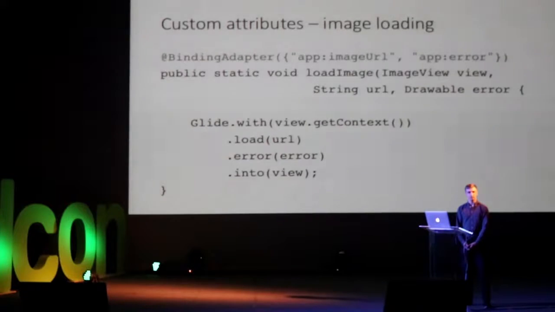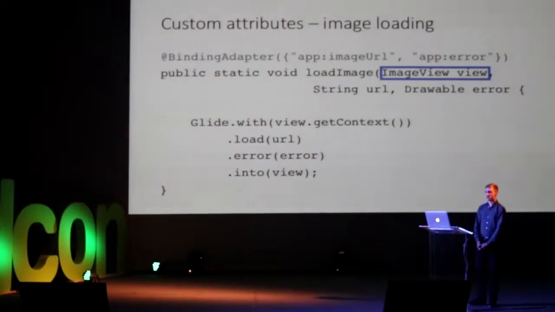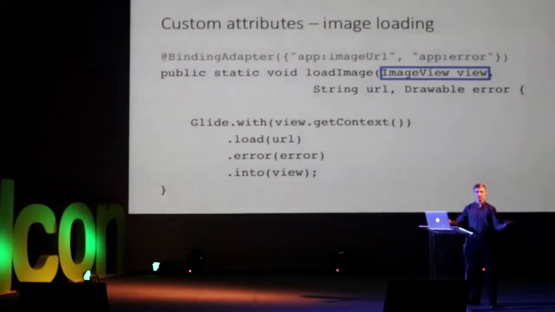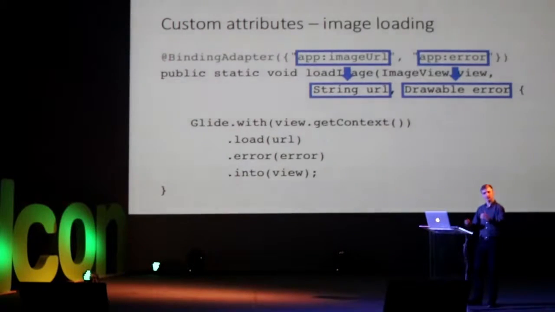The thing that matters is the binding adapter annotation. What are the important parts here? The first parameter to the method should specify the class that it applies to. In this case, it only makes sense to have an image URL on an image view. So here, this attribute will be available to image views. Then there are two more parameters, and those map directly to the parameters defined in the binding adapter.